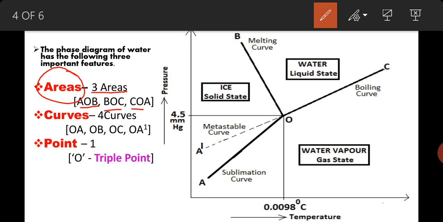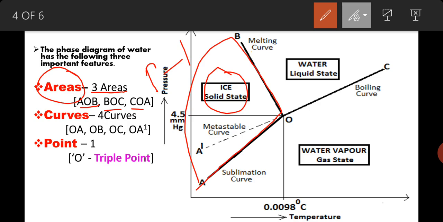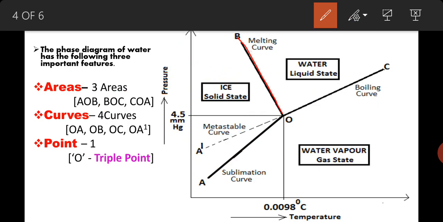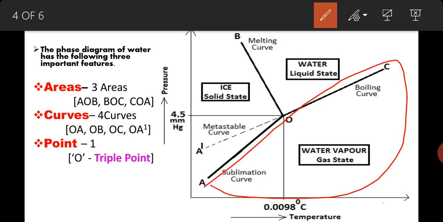The first area is the AOB area. In this area, only solid ice is present. Here, phase equals 1. Next area, the BOC area. In this area, only liquid water is present. Here also the phase equals 1. Next area, the AOC area. In this area, only the gas state, water vapor, is present.